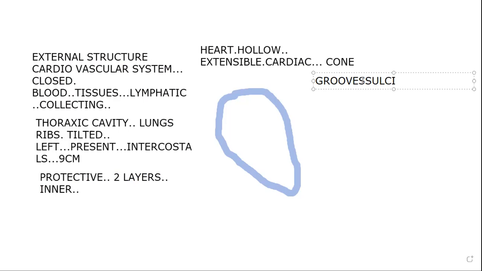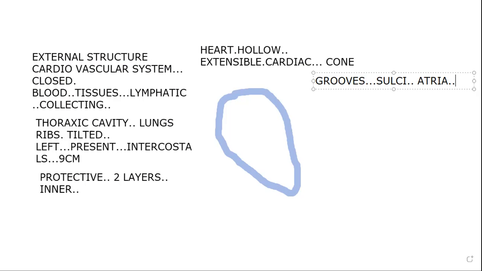These sulci are present in the upper part of the heart between the atria, and they are present in the lower part of the heart between the ventricles. In the upper part of the heart we have the atria, and the atria are present above the ventricles.